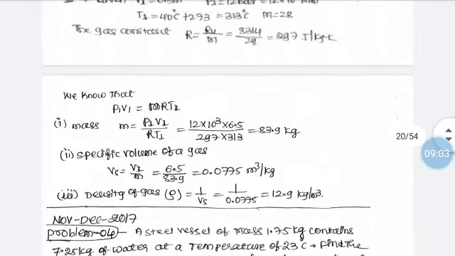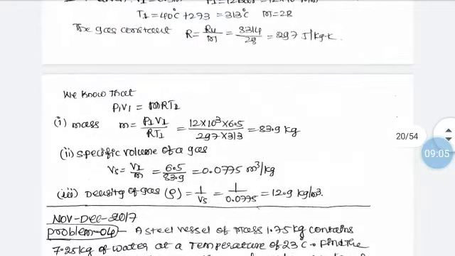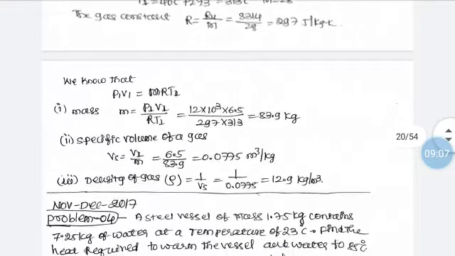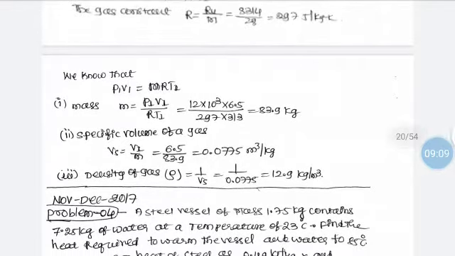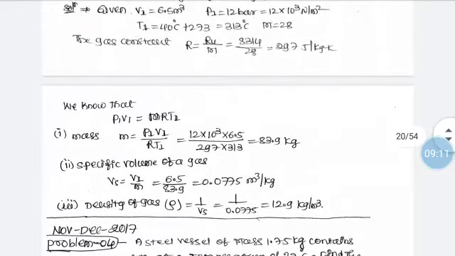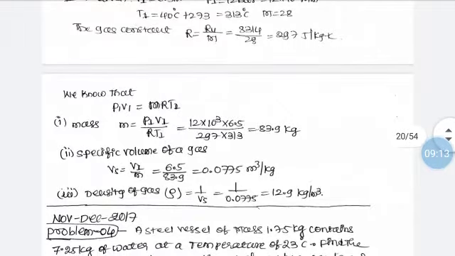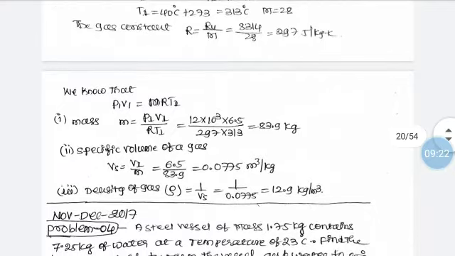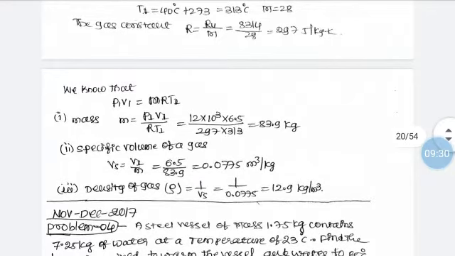So what do we have to find out here? The mass we have to find out. P1 is the initial pressure, V1 the initial volume, R is the gas constant, and T1. These values we know. If we simplify for m, the equation becomes m is equal to P1 V1 divided by R T1.